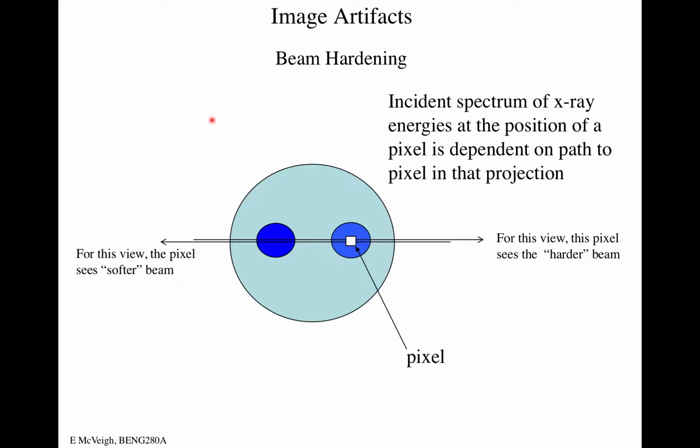The photons that have survived to that depth have a higher average energy. Right? This obviously causes an artifact in imaging, so let's look at this phantom. We're just going to say what happens at this pixel here for a projection this way, right?